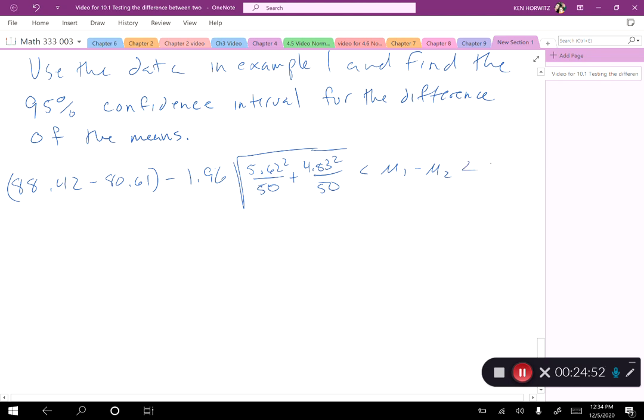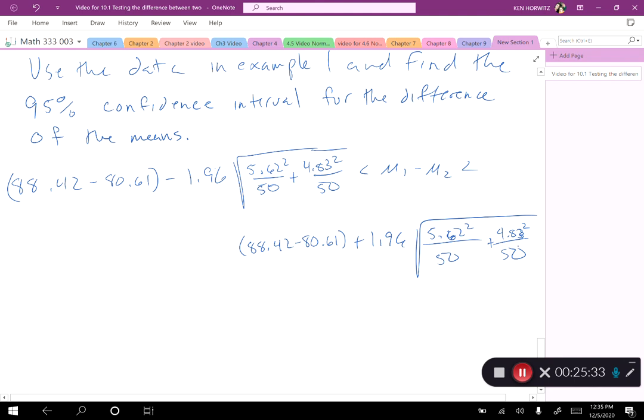And I'm going to go to the next line to finish my formula. So it's going to be 88.42 minus 80.61 plus our standard error, which I'm going to put in my 1.96 first, times the square root of 5.62 squared over 50 plus 4.83 squared over 50.